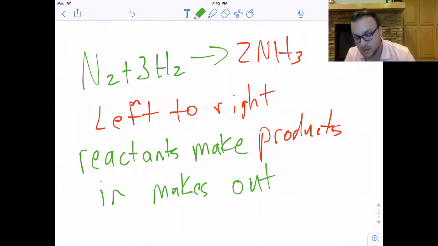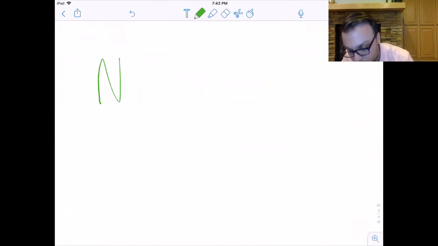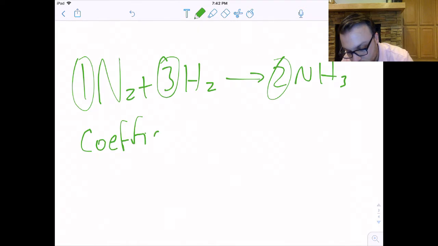I'm going to rewrite this reaction again. When you look at this reaction, these big numbers are coefficients, which is the same as moles.